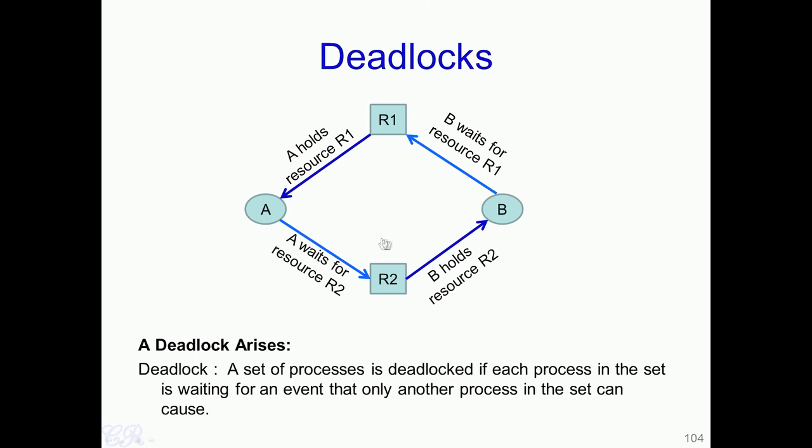For example, A is waiting for B to release the resource R2, while B is also waiting for A to release the resource R1.